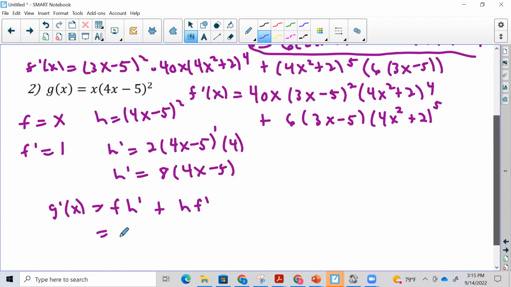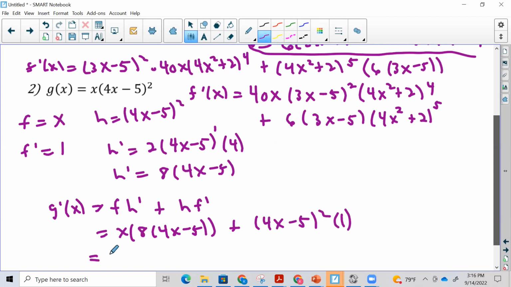So f is x, and then h prime is 8 times 4x minus 5, plus h, which is 4x minus 5 squared, times 1. Okay, so if I simplify this, that gives me 8x times 4x minus 5 plus 4x minus 5 squared. Okay, so that's some examples with the product rule.